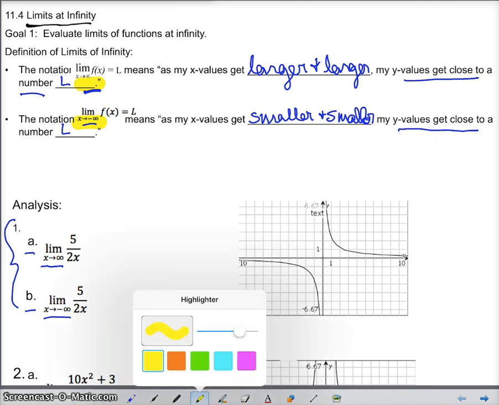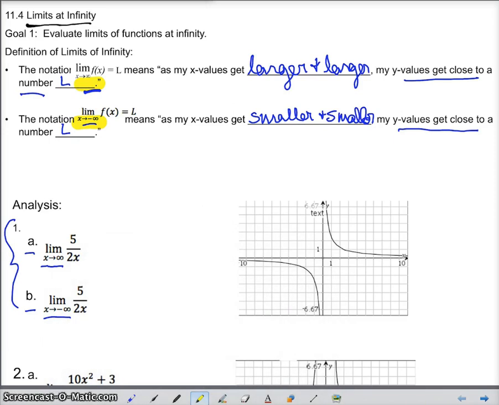So I'm going to highlight and trace the function as x approaches positive infinity. If x is going to positive infinity, I know that I need to be on the right-hand side. X is getting larger and larger and larger. X is at 10, and x will continue to get larger and larger.